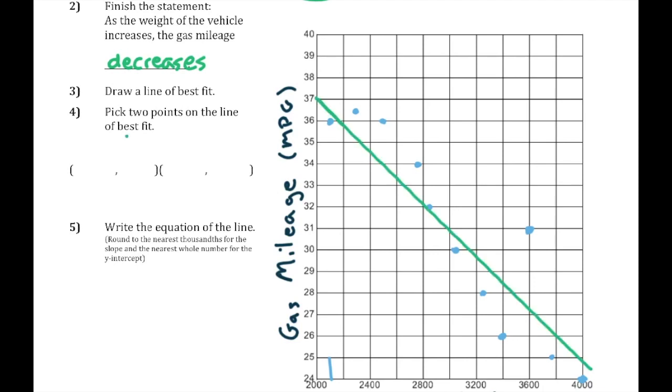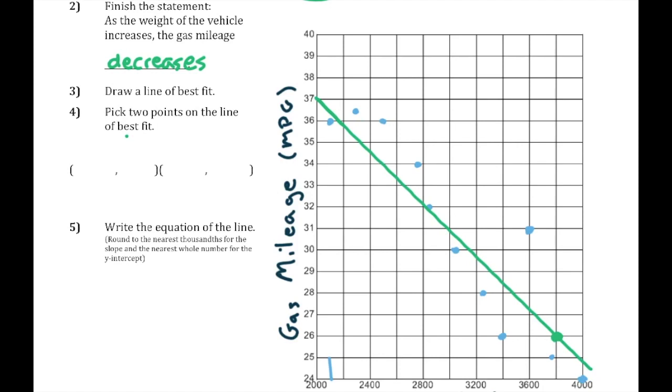Okay, so now that we have our line of best fit, or what we think our line of best fit is, we're going to go ahead and pick 2 points on this line of best fit. Now we want to choose these 2 points that are easy for us to identify their values. And so when I look at these 2 points, I'm focusing on where the line crosses the corner of squares.